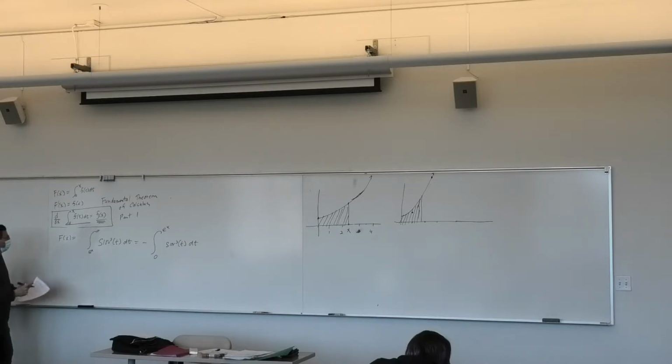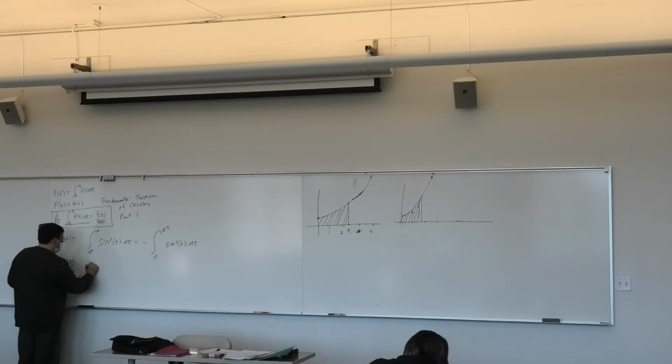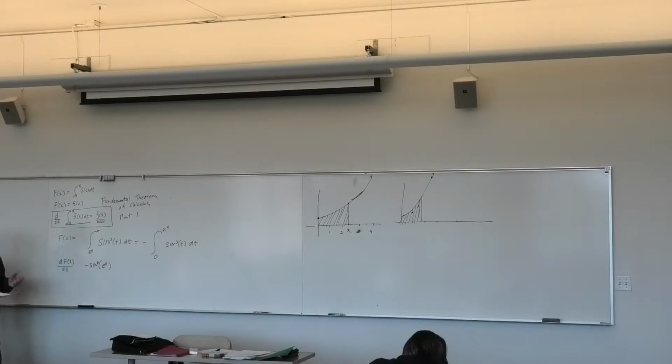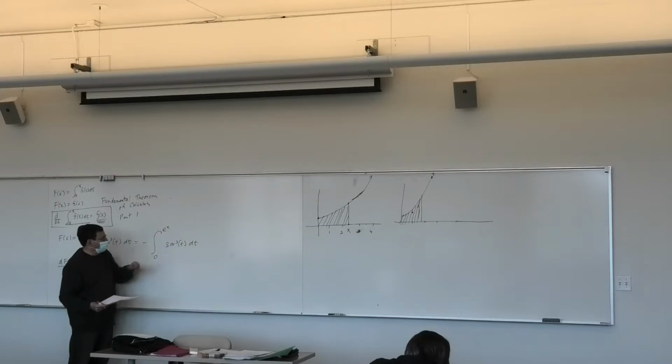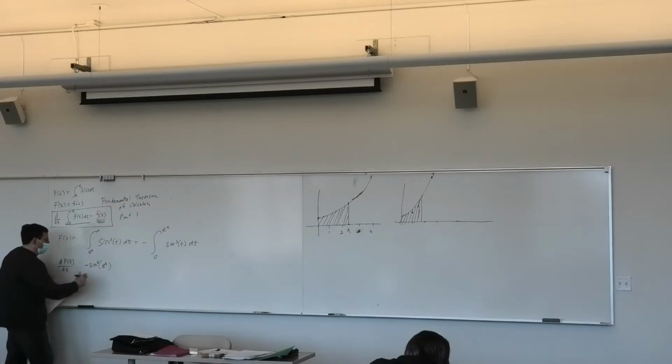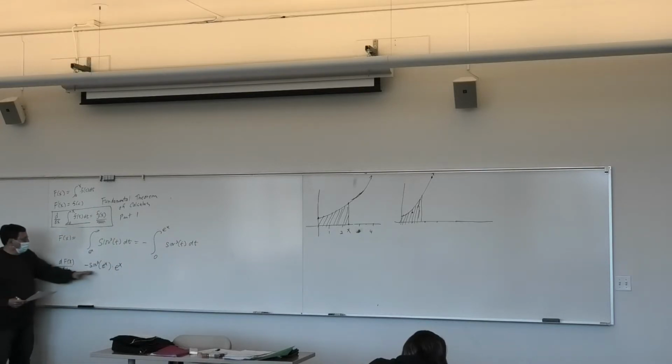So if we want to find the derivative of this function now, the fundamental theorem tells us that's going to be negative sine cubed of, well, we have to plug in e to the x. But the chain rule tells me we also have to multiply by the derivative of e to the x, which, as everybody knows, is e to the x. So that's the derivative of this function.